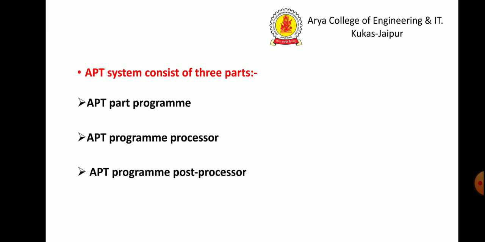This information is later used by the APT post processor. The APT processor is a very large program which runs mainly on a mainframe computer, and this data is then normally passed on to the APT post processor.